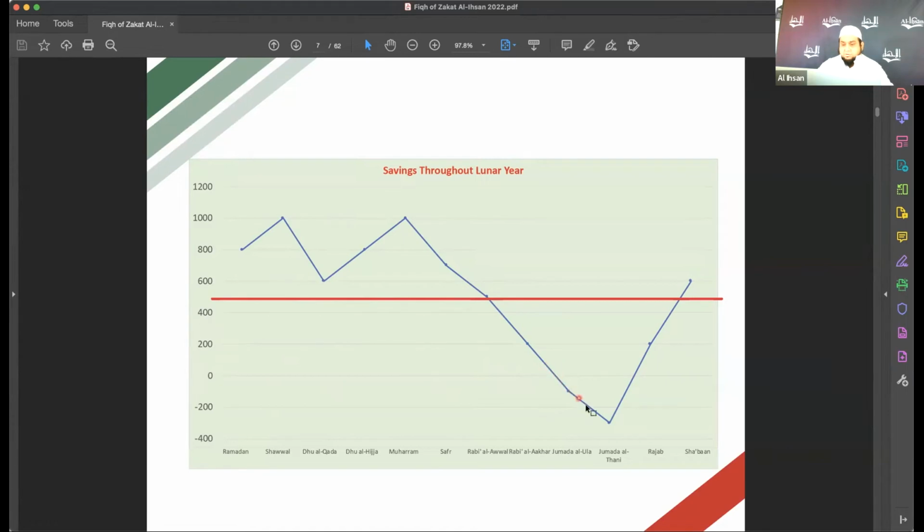Now they went below, no zakat due, they don't have nisab. Then they got some money back. Over here, about midway through Rajab, they hit the nisab again, if it was $500. At this point, the first end of their year has started again.